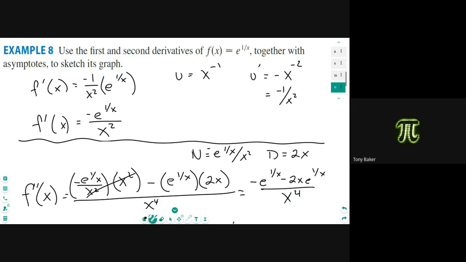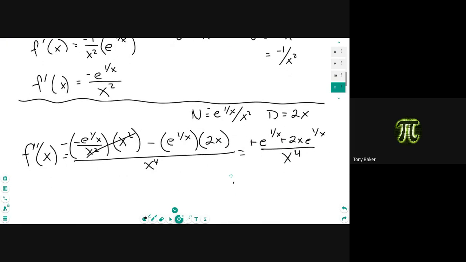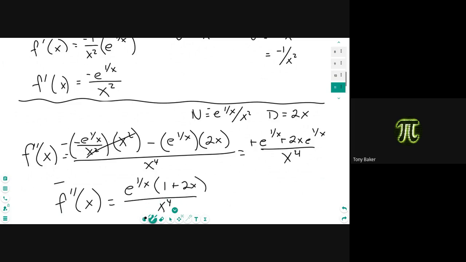Oh, because there was a negative out in the whole front of the whole thing. Which changes those to positives. So the second derivative is e to the 1 over x times 1 plus 2x over x to the 4th. That's the second derivative.